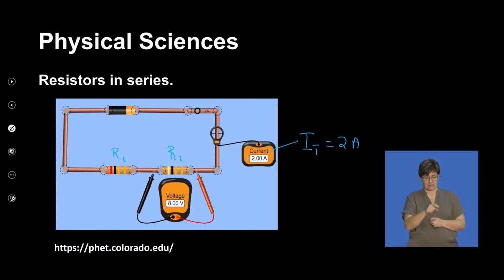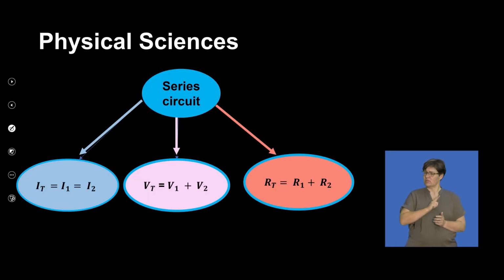Why is it so? Because all the current passes through every point, because we've got only one path for current to flow, right? So this says to us that in a series circuit, current remains constant. So the total current is equal to the current that passes through R1, we can call that I1, which is also equal to the current that passes through resistor 2, which we can describe in notation as I2.